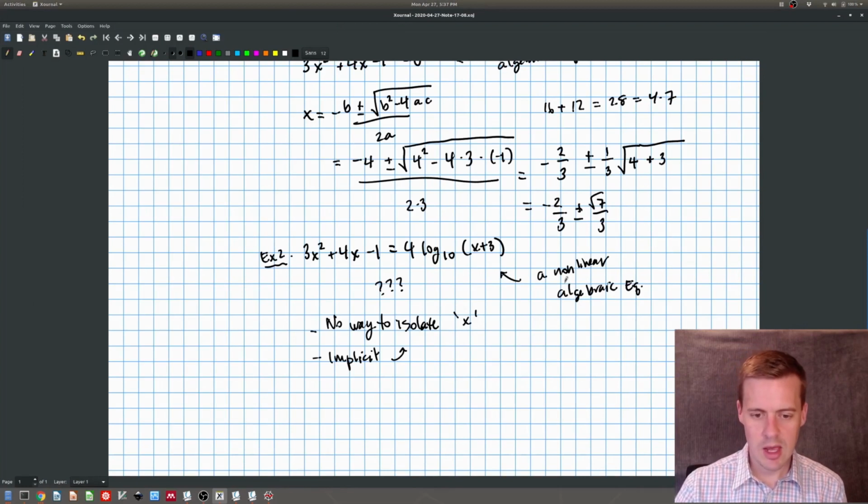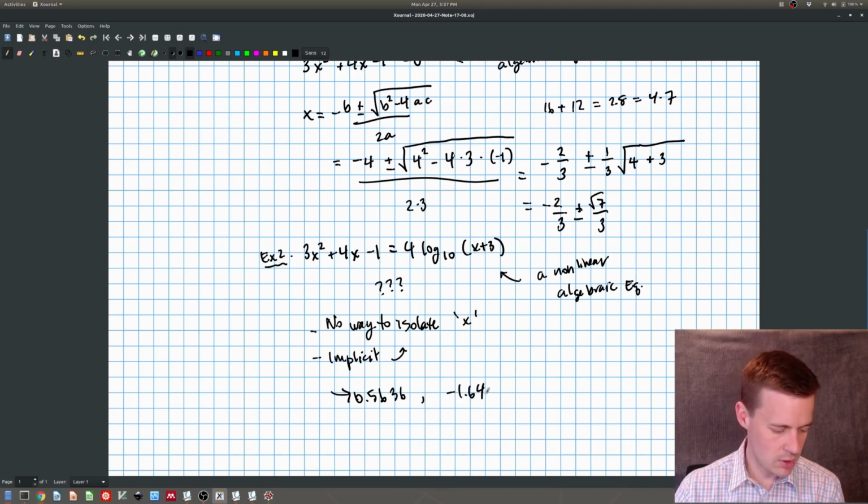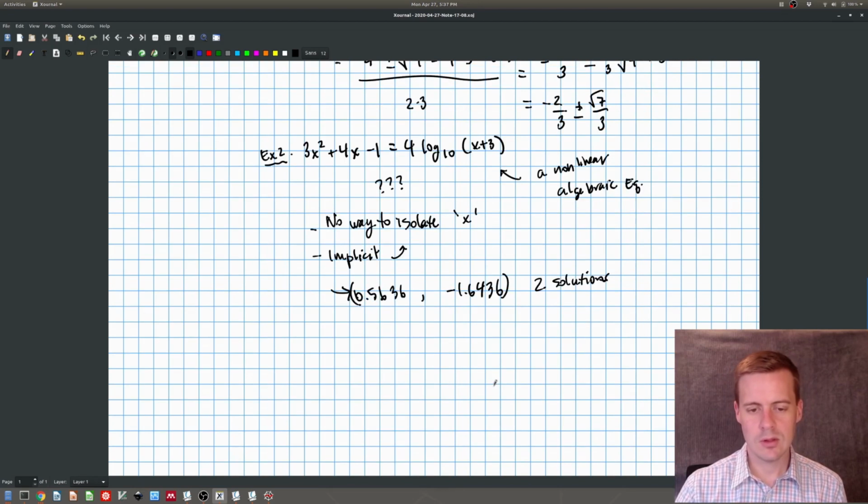And we can find these 2 solutions as 0.5636 and negative 1.6436. Okay, so there were 2 solutions. But we couldn't do it by hand, right? So we could not do this by hand.